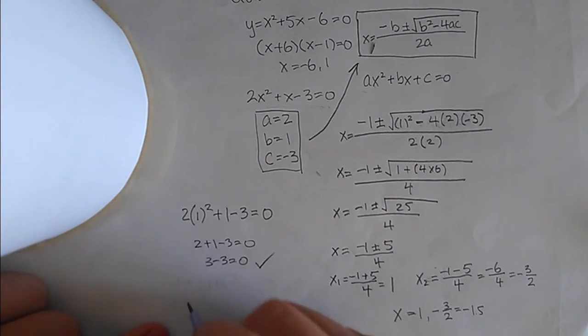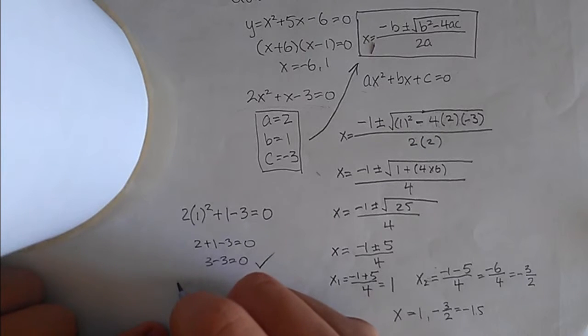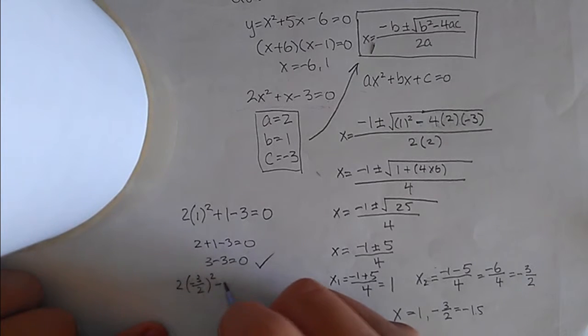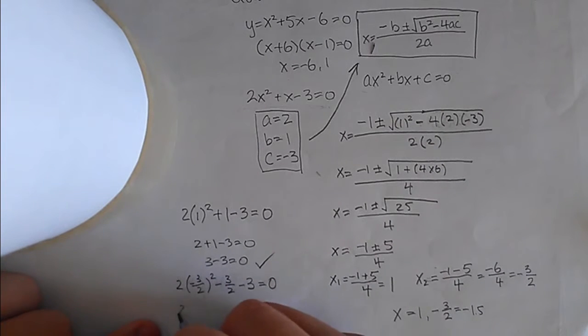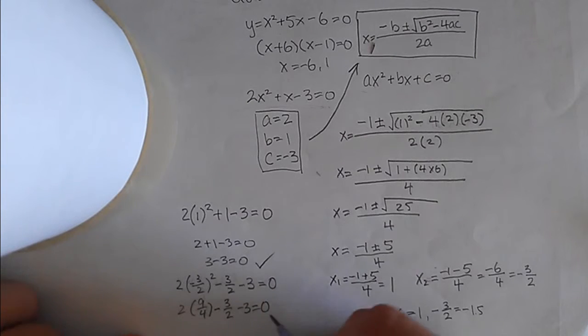Okay, now let's test negative 3 over 2. So 2 times negative 3 over 2 squared minus 3 over 2 minus 3 should be equal to 0. So 2 times 9 over 4 minus 3 over 2 minus 3 should equal 0.